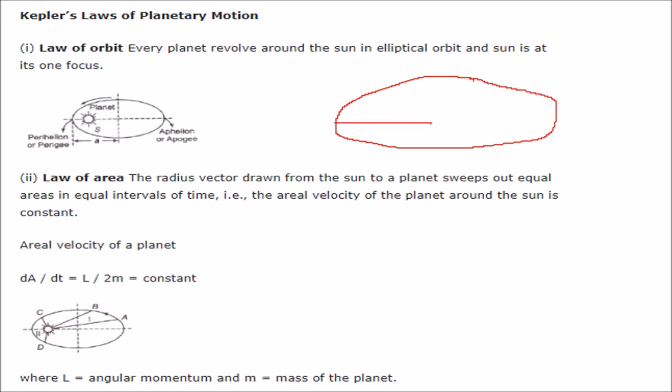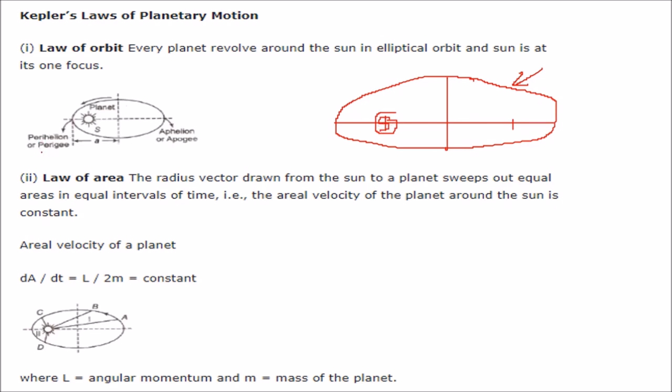We have this as the major axis, this as the minor axis. For an ellipse we have two foci, one here, one here. The first law says that every planet revolves around the sun in this elliptical orbit, with the sun S at one focus.